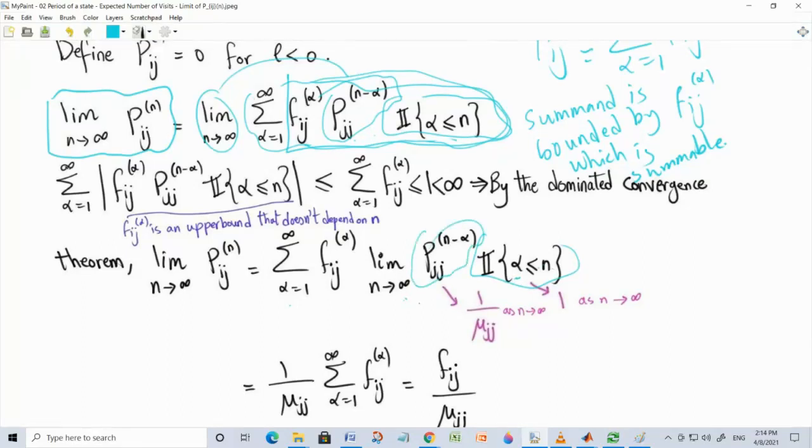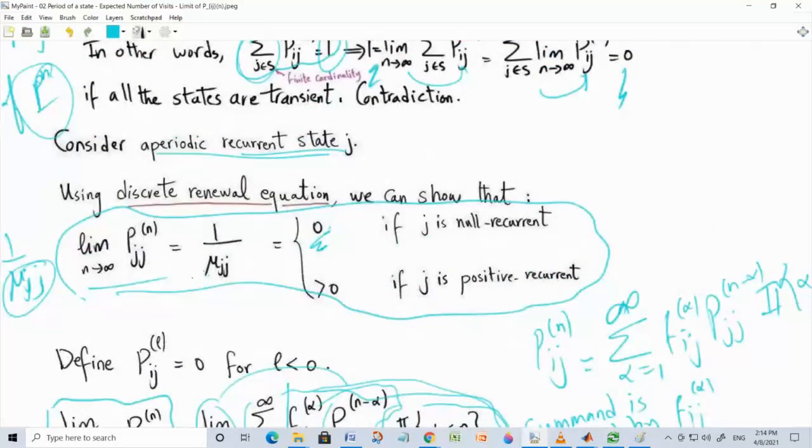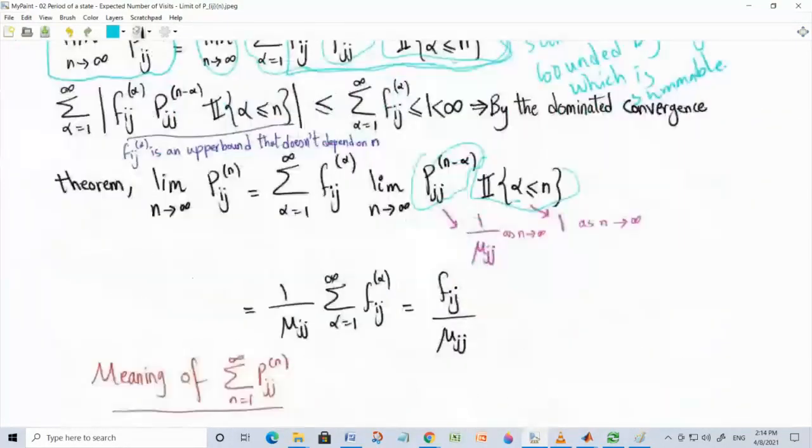For the other quantity, this is what we will take for granted: it is 1 over mu jj. So the limit of this thing is 1 over mu jj, which can be taken outside the summation, and then you are left with the summation of fij of alpha, and this summation is Fij.